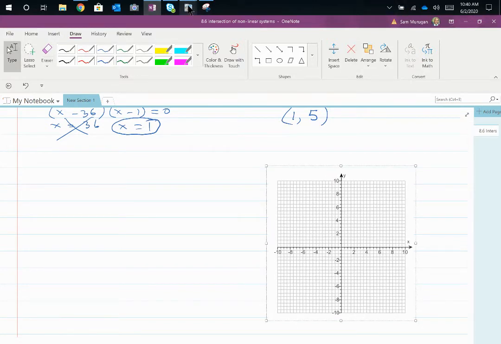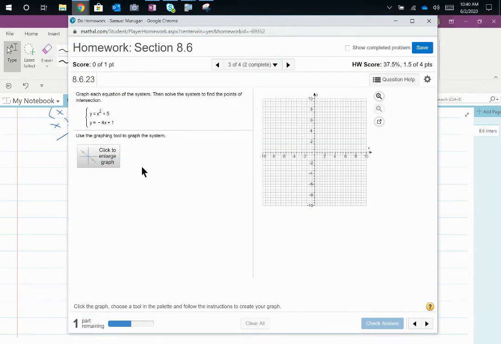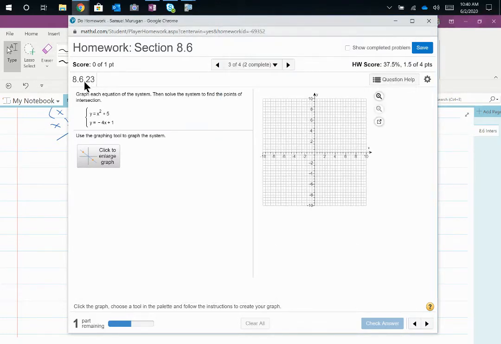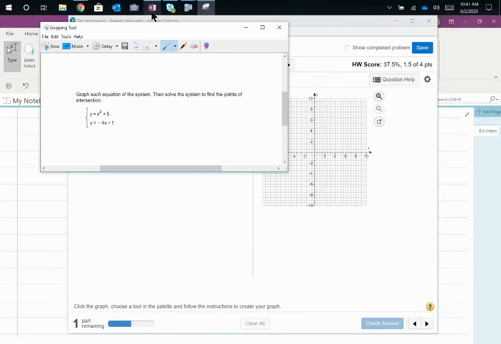All right, so we're going to go ahead and copy this problem, which is x squared plus 5, graph it with our calculator, and then solve it.